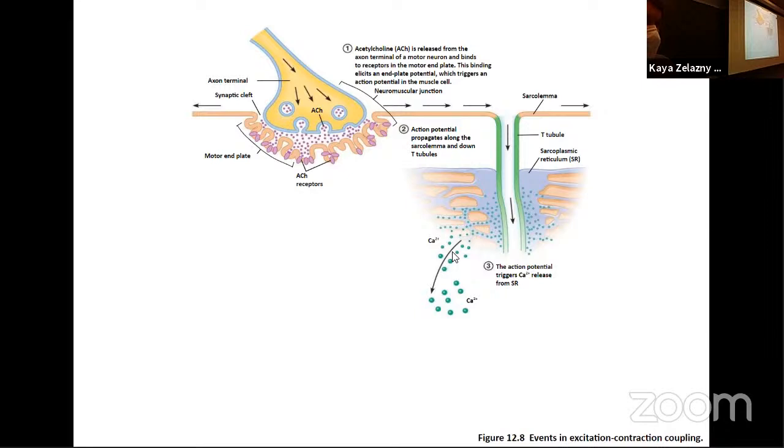Where is it going now? Is it staying in the cell, or going out of the cell? It's going to stay in the cell, so it's just going to the cytosol. When we say it's releasing from the sarcoplasmic reticulum, we don't mean it's leaving the cell. We just mean it's leaving that organelle structure and getting into the rest of the muscle fiber so that it can come into contact with our filaments.